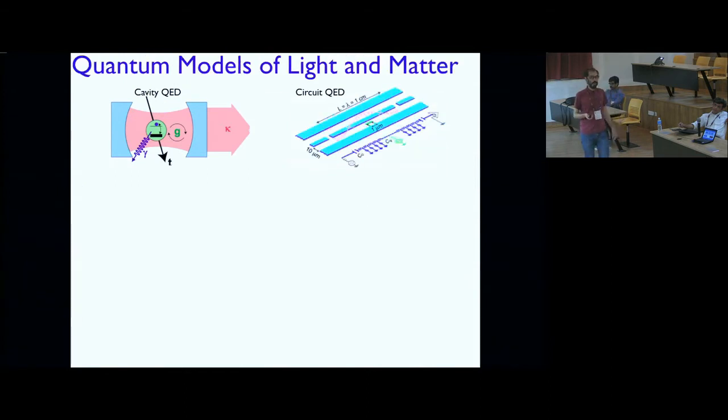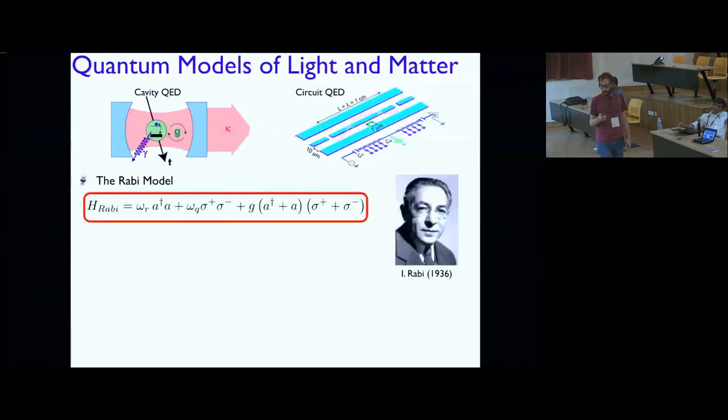So as a theorist, if you want to write down some model that describes this very basic unit, you can go back to Isaac Rabi in the 30s and think of the simplest thing you can do: take a harmonic oscillator and hybridize it linearly with the most nonlinear object that you can have in quantum mechanics, which is a two-level system.